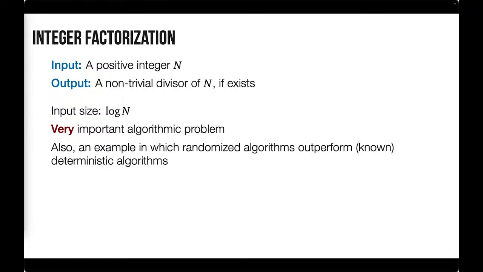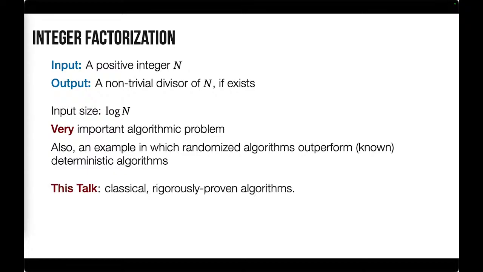And it's also a problem, and I will soon show you the exact results, where the best known randomized algorithms are much quicker than the best known deterministic algorithms. So from a de-randomization point of view, it makes sense to try to study what can we do deterministically.